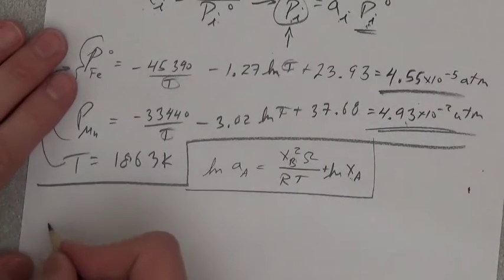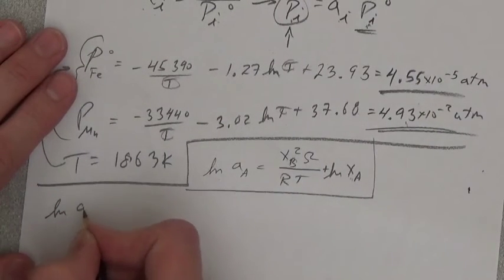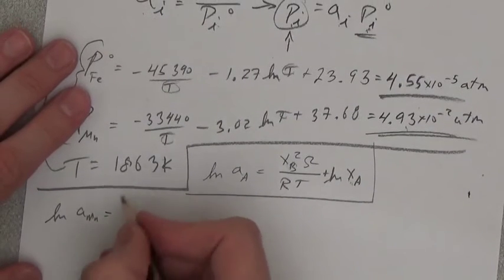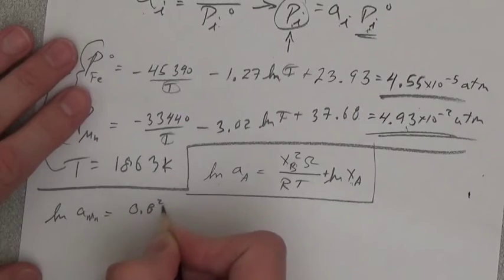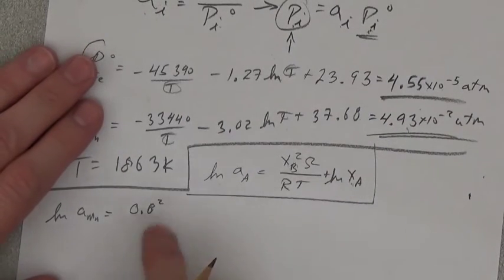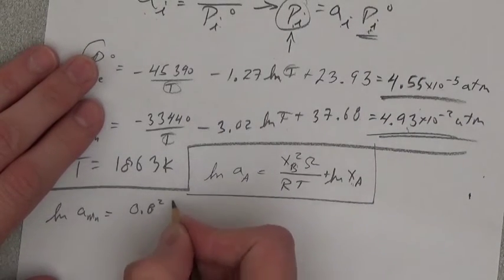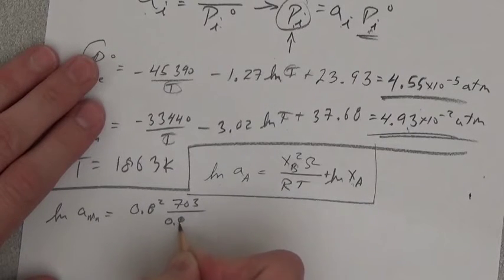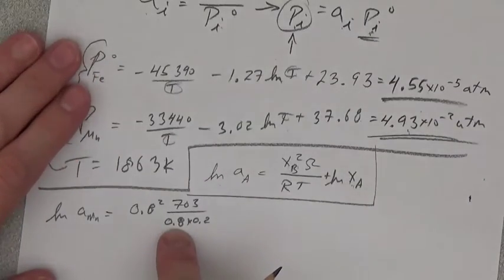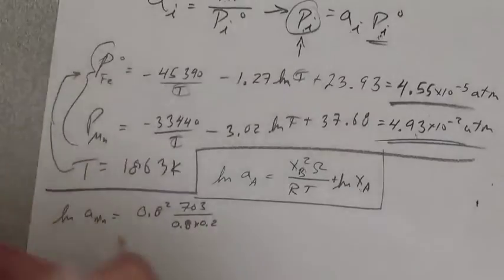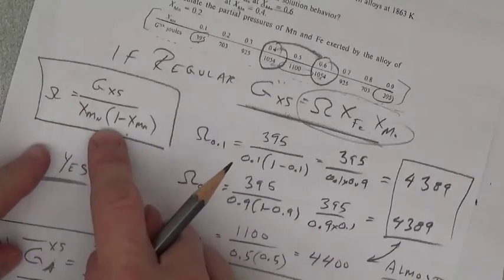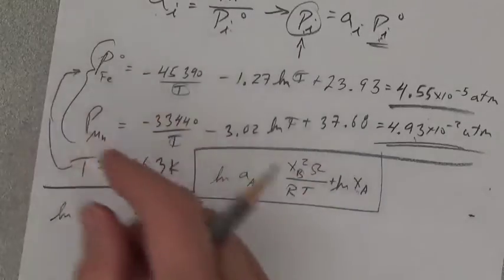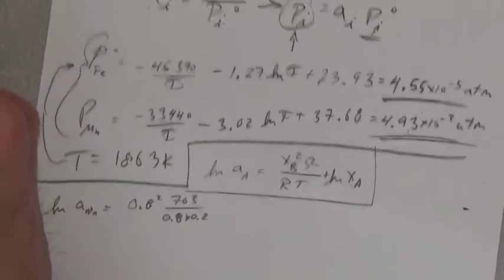So here we have the natural log of the activity of the manganese is equal to 0.8, that's the mole fraction of iron, squared times 703 divided by 0.8 times 0.2, that's the omega, using that expression from before and the data set we're given.